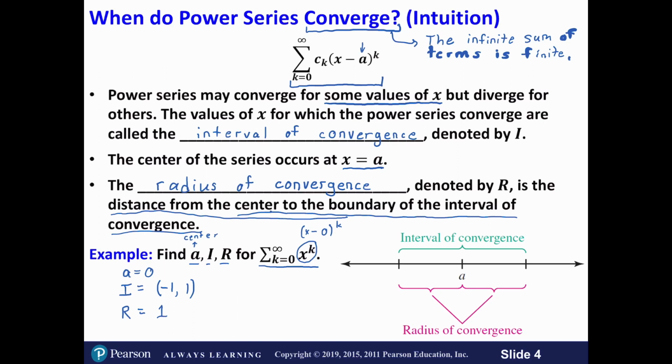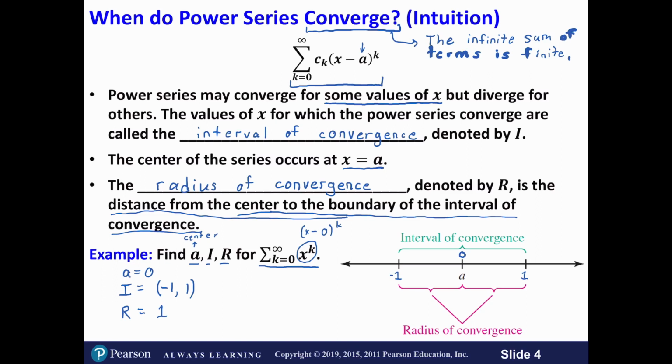So over here on the right, we have a picture that might help explain what's happening here. If the center of the series occurs at 0, and the interval of convergence goes from negative 1 to positive 1, then the radius of convergence is just half of the distance of the interval of convergence.